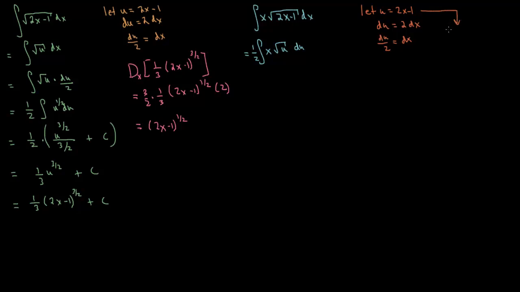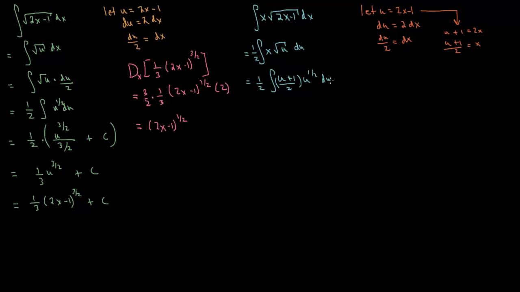We could say that u plus 1 equals 2x, or u plus 1 over 2 equals x, just by working with that original substitution. And now we can replace and say we have 1/2 times the antiderivative of u plus 1 over 2 times u to the 1/2 power du.